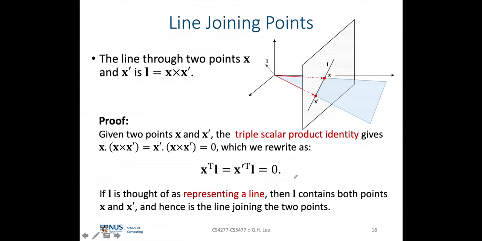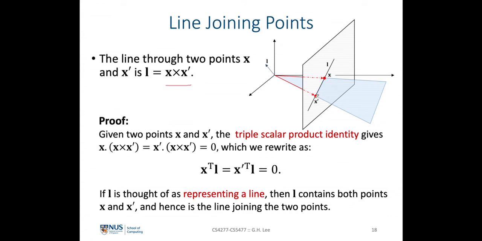Conversely, we can also see that the cross product of 2 points, X and X prime, gives rise to a line L. We can observe this geometrically using the diagram here. We have seen that 2 points can be represented as 2 rays in homogeneous coordinates, for example X and X prime.